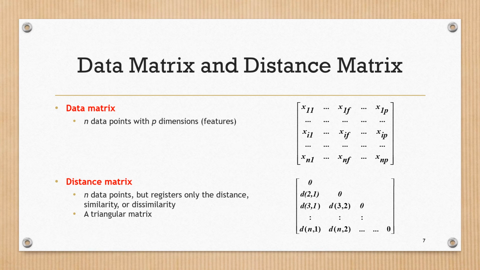The matrix on the right demonstrates a data matrix with n data points. As you can see, the subscript on the left in each column starts from 1 to n, which indicates there are n objects in the matrix.